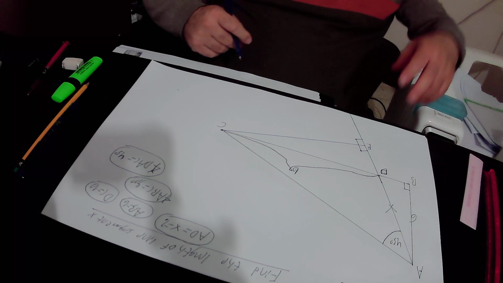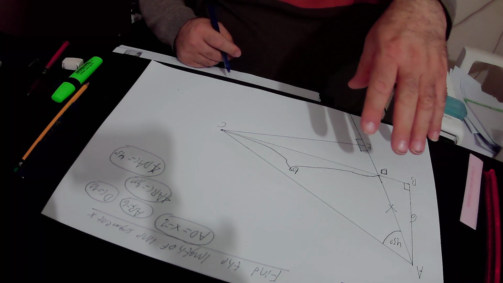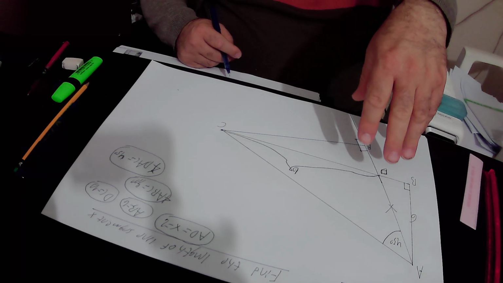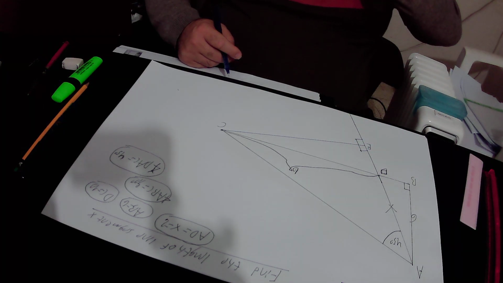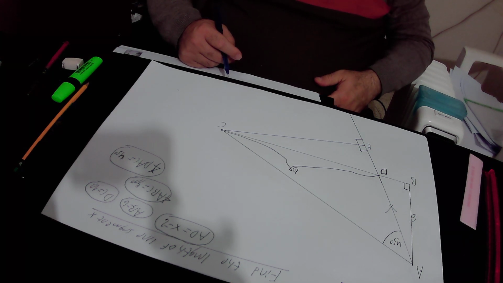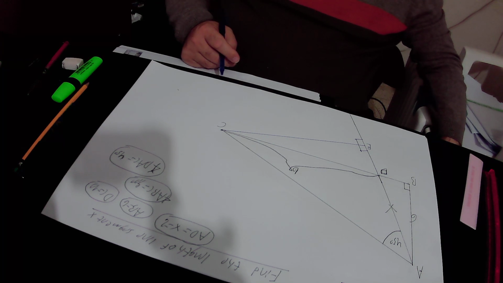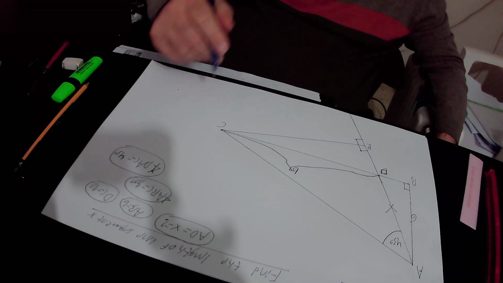So actually we have here a right triangle, triangle AEC, and in the right triangle AEC we know that the sum of the angles must be equal to 180 degrees.